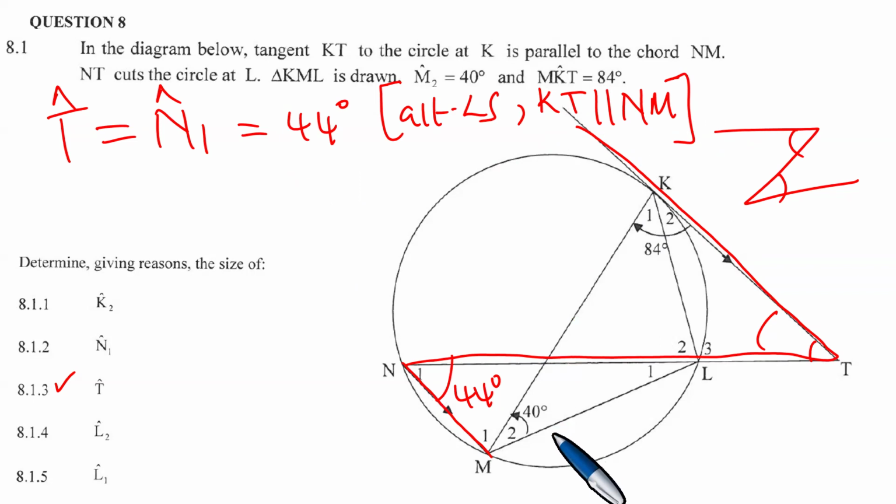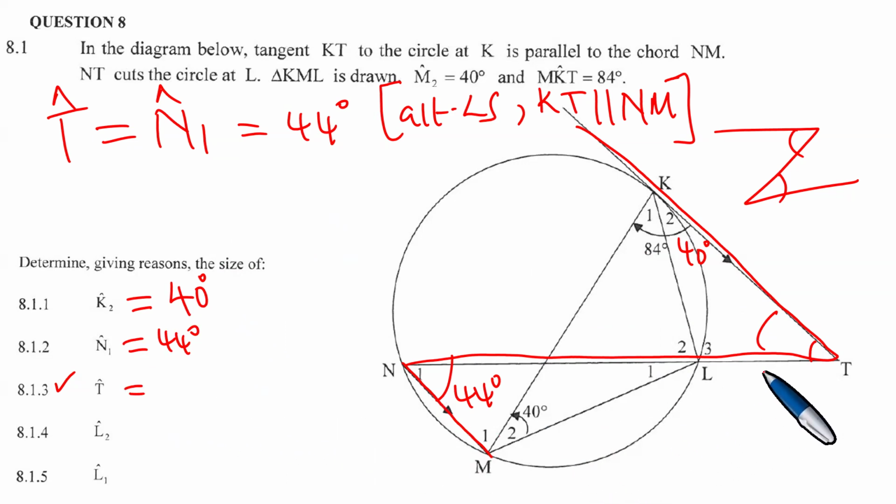So in other words, we have got that the angle K2 is 40 degrees. We've got that the angle N1 equals 44 degrees. And we've got that the angle T is actually equal to 44 degrees as well.